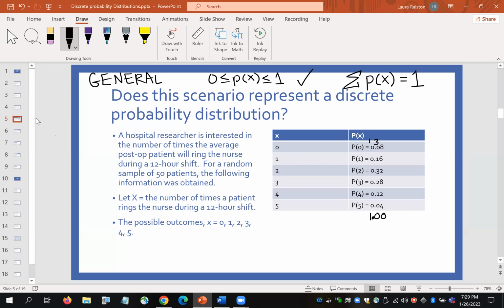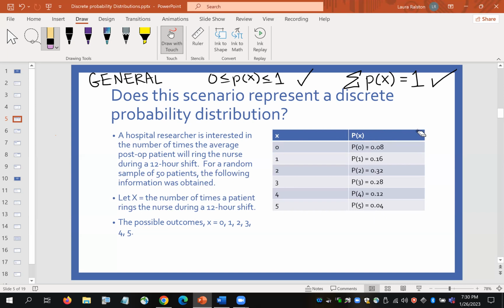Now, guys, you can do the same thing punching it in your calculator. 0.08 plus 0.16 plus 0.32 plus 0.28 plus 0.12 plus 0.04. It comes out to be exactly 1. So I can say check. Yes, this table does represent a discrete probability distribution. Now, it gives me the scenario here of what that represents.